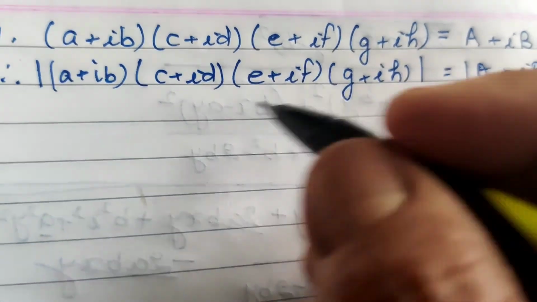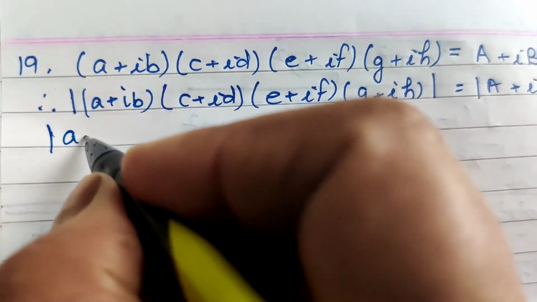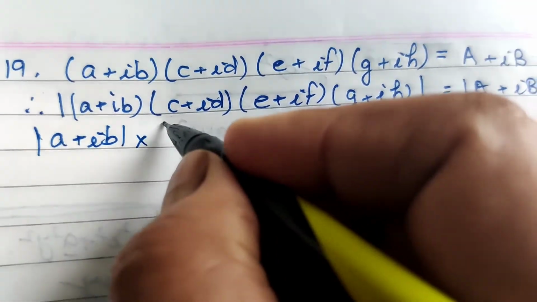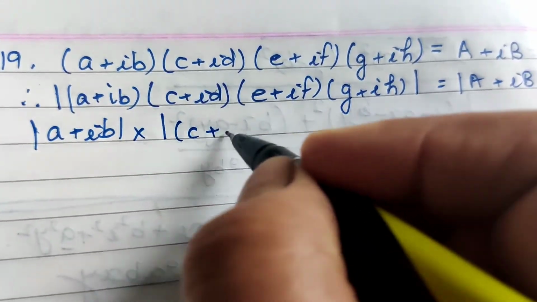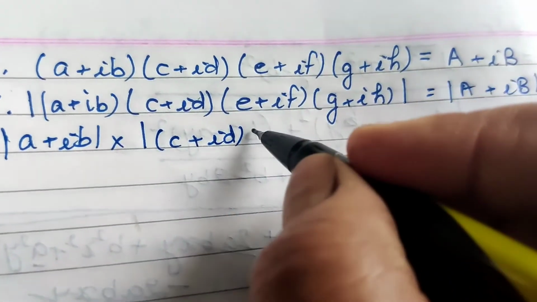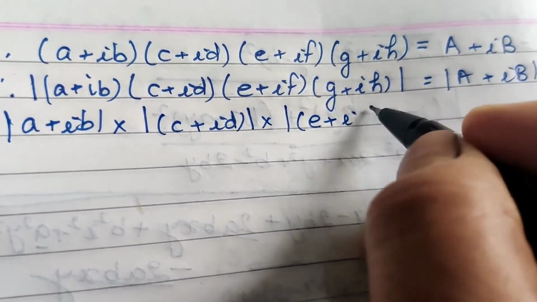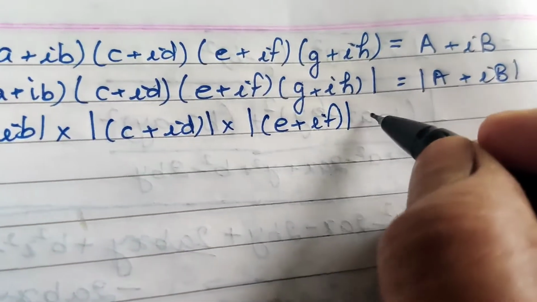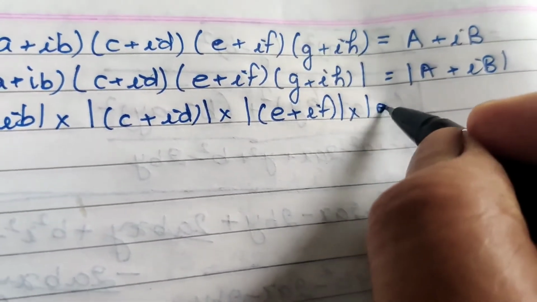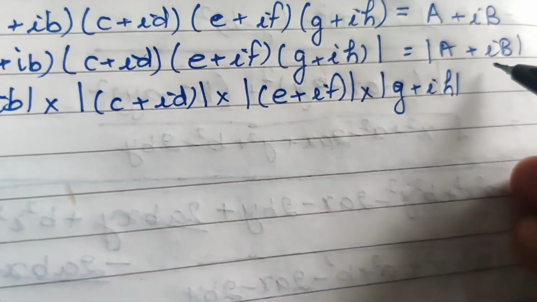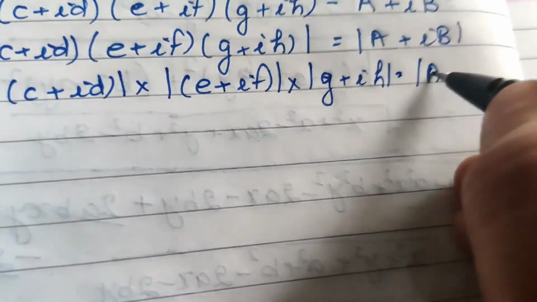Now we can write mod value of a plus ib into mod value of c plus id and so on, equal to mod of A plus iB.